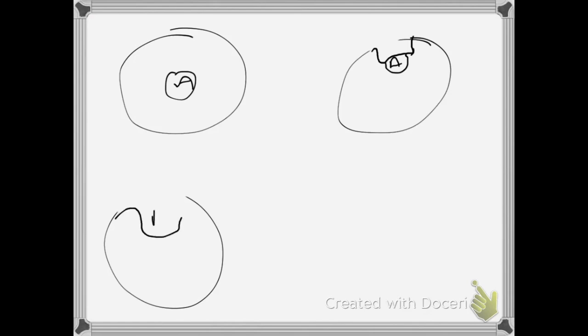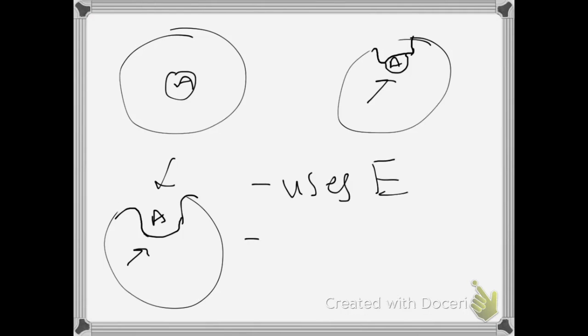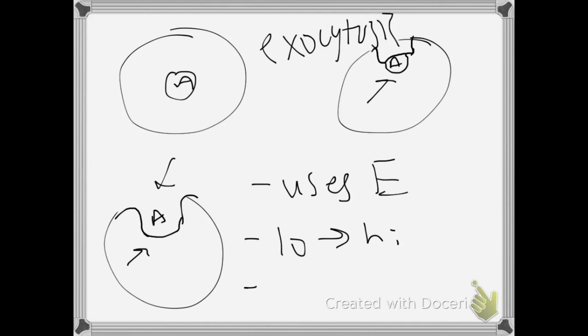So now A is on the outside of the cell, and this vesicle has just become part of the plasma membrane, and A has left the cell. So this is an active transport process, which means it uses energy to move something from a low to high concentration gradient. And in this case, when we're talking about exocytosis, we're using vesicles to accomplish this.